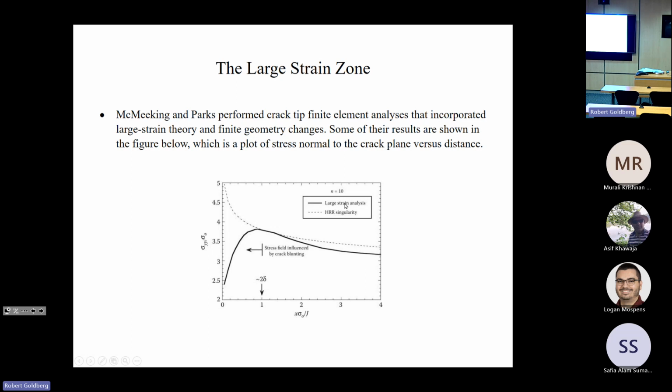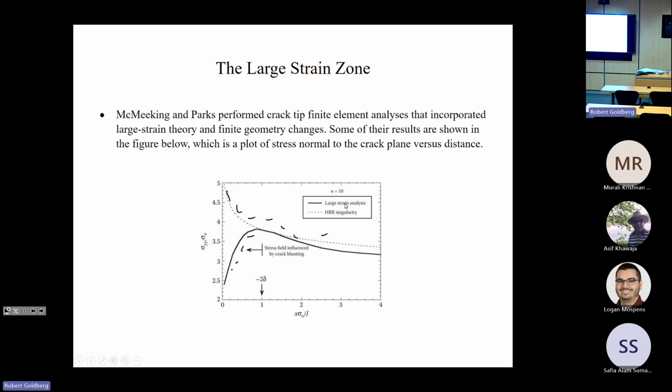If you look at this plot, it shows the stress normal to the crack versus the distance from the crack. We have the HRR singularity, which is this dashed line, and this solid line, which was obtained through a finite element analysis. It's a non-dimensionalized curve, so as long as the plastic zone is still relatively small compared to the specimen dimensions, you are comparing apples to apples.